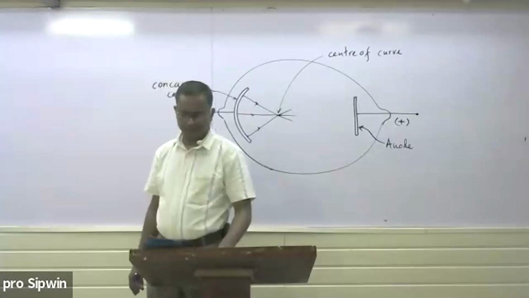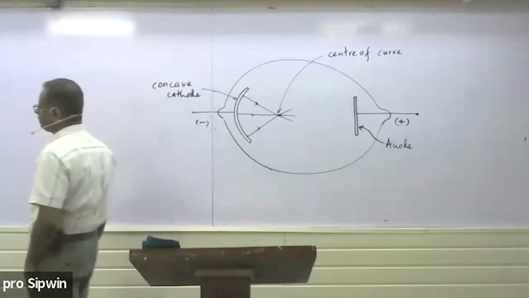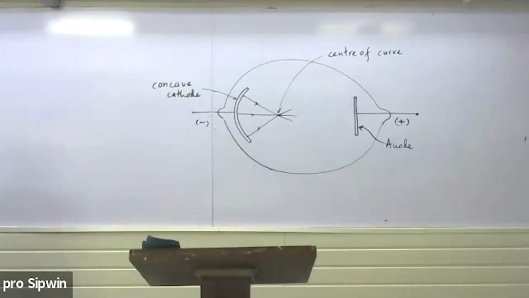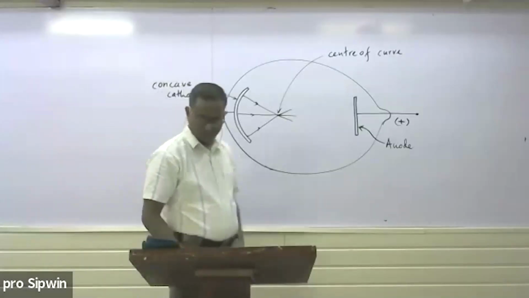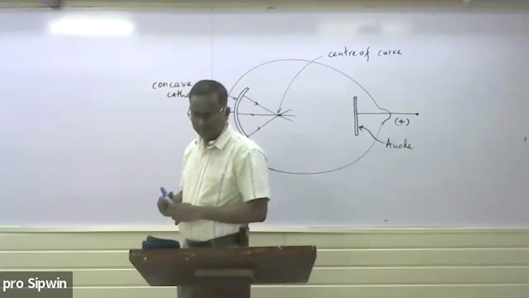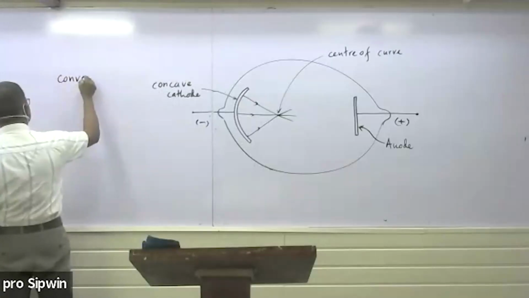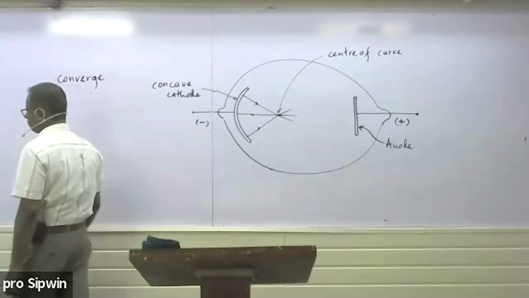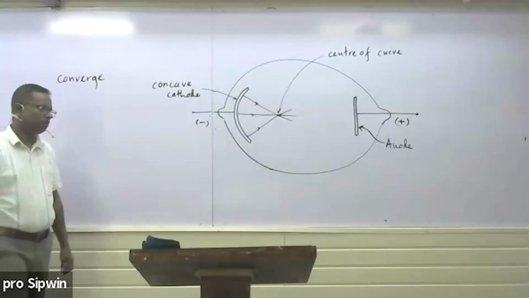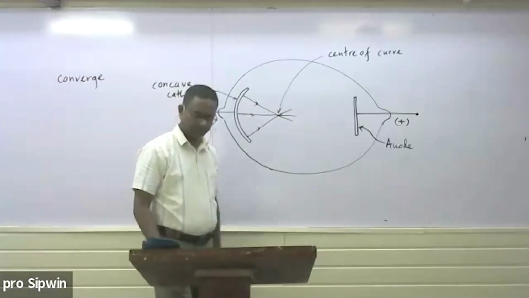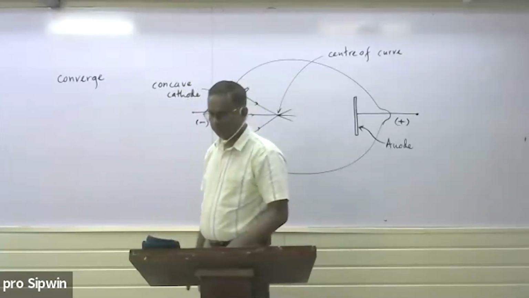Write this. It is observed that cathode rays converge to the center of curve.